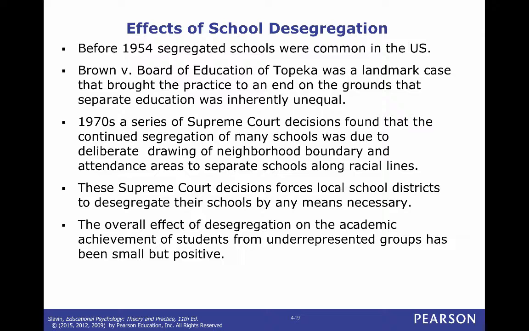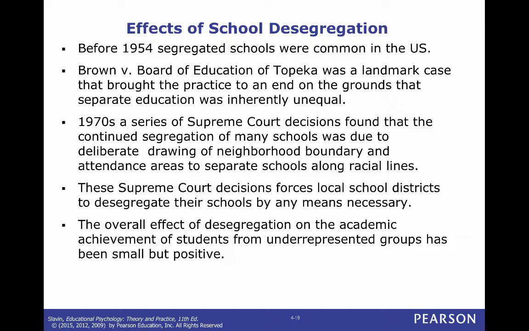Then they would rezone a district so that it would remain predominantly white. Some people even talked about special education, because about the same time special ed came about, and it was just another way to segregate, because way more children of color were placed in programs for emotional disturbance, learning disabilities and mental retardation than was statistically possible. So it was just another way to segregate kids along racial lines.